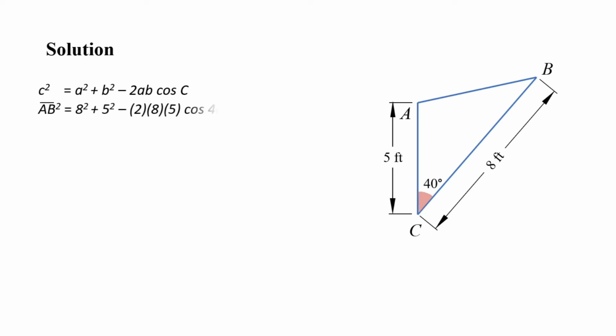If you notice here, I put a bar above AB. That is just a convention to say that this is length AB, not the algebraic multiplication of variable A times variable B. So AB should be 5.26 feet.